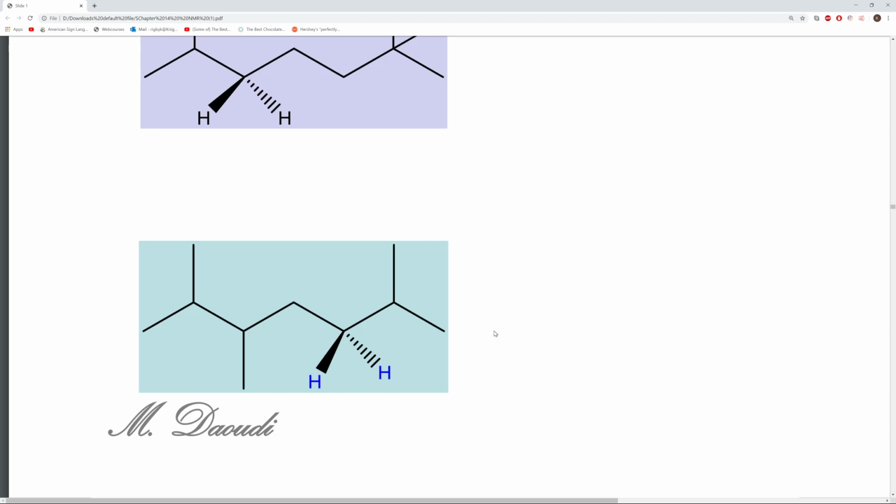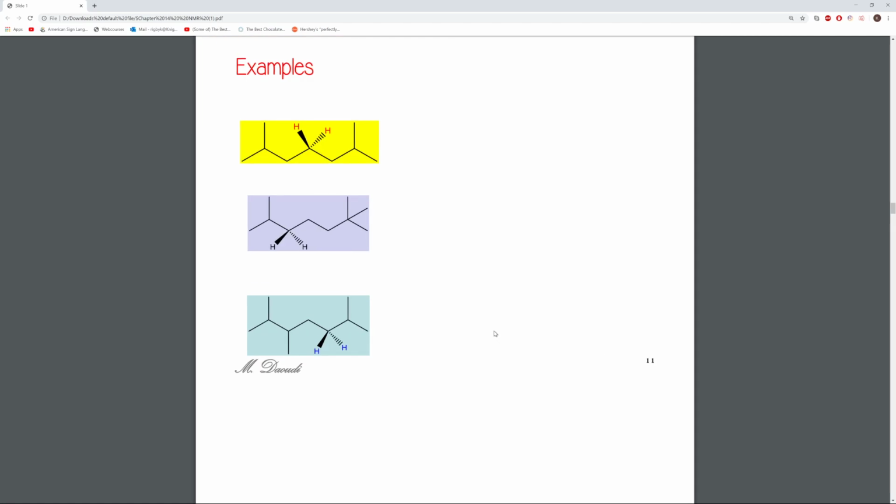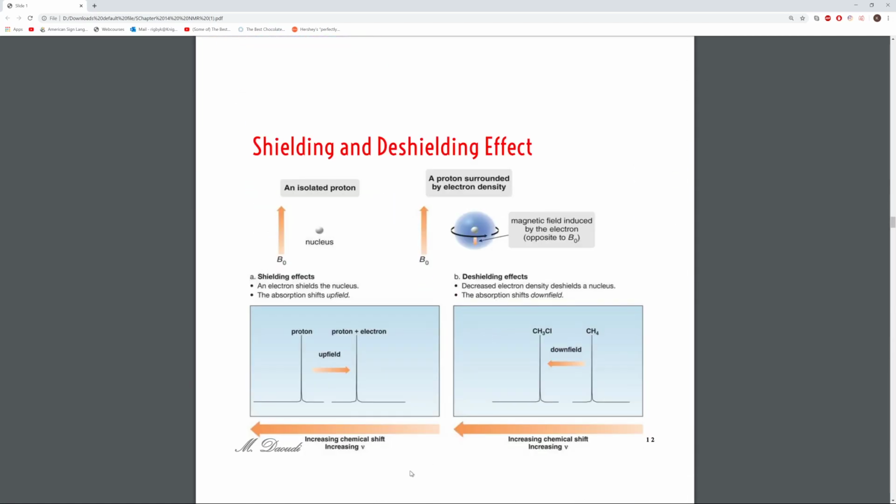So here we have a potential chiral center where the two hydrogens are and a current chiral center. That means these two hydrogens are diastereotopic, and so they're going to have different signals on the NMR spectrum. Okay?